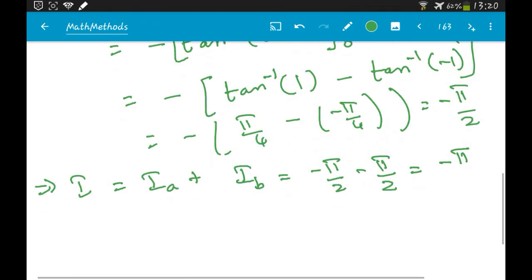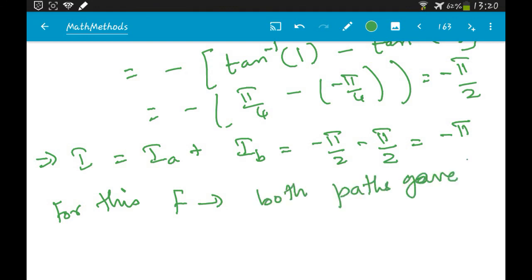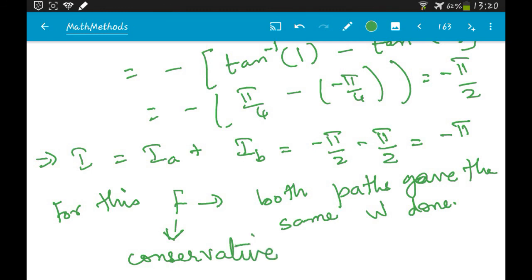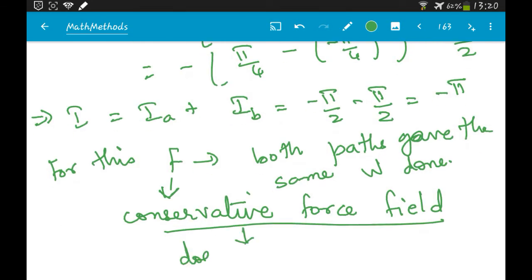Okay. So you can see that in this example, for this f, both paths gave the same work done, which means that this f is called a conservative force field, because this does not depend on path.